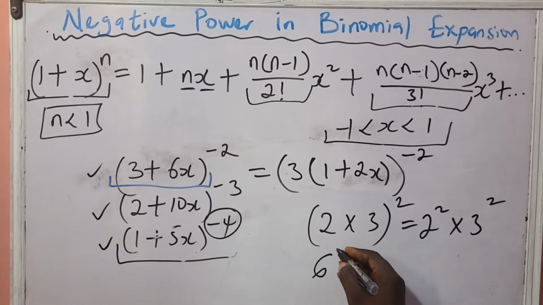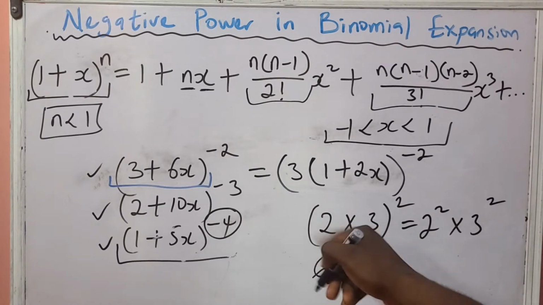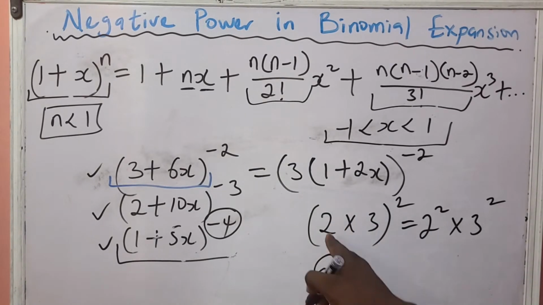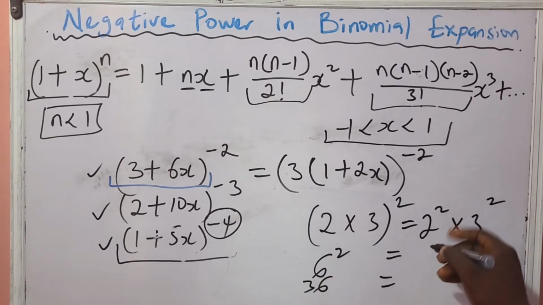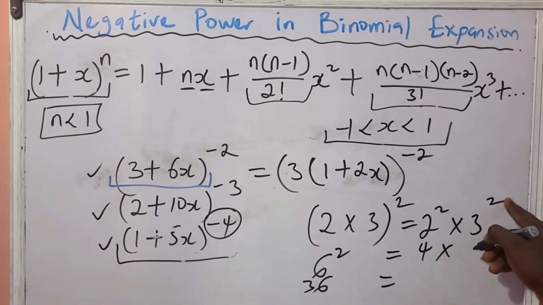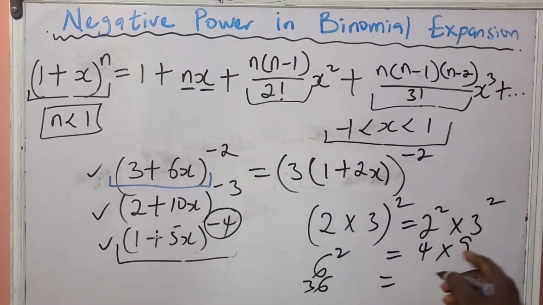Of course, 6 raised to the power of 2 is what this left-hand side gives us. And 6 raised to the power of 2 is what? 36. So the left-hand side gave us 36 when we solved it. Let's see if it's the same thing as the right-hand side. 2 raised to the power of 2 is what? 4. 3 raised to the power of 2 is what? 9. What is 4 times 9? 36. You can see that this theorem is perfect.